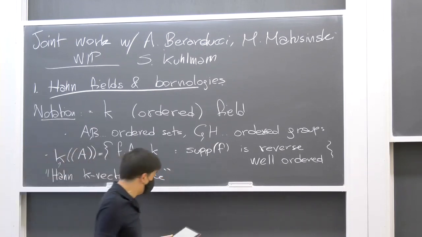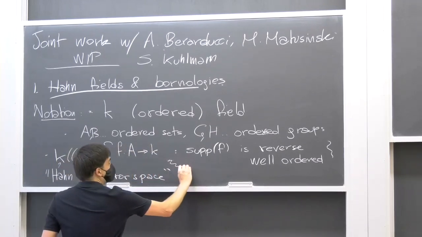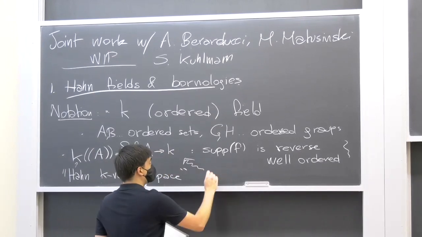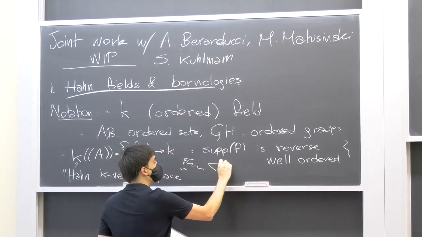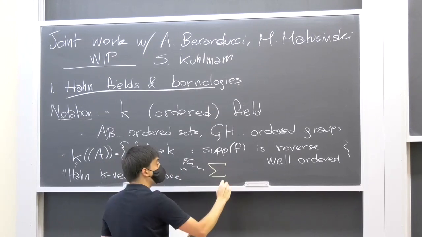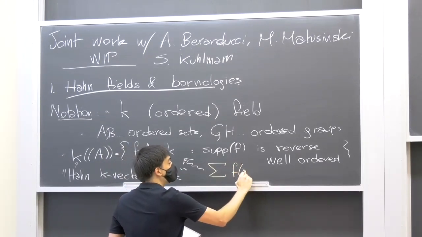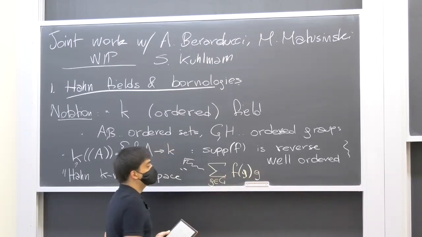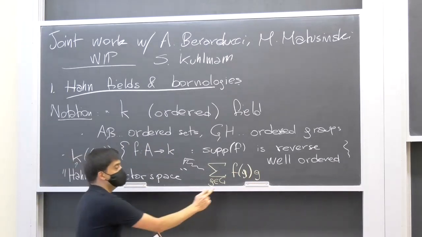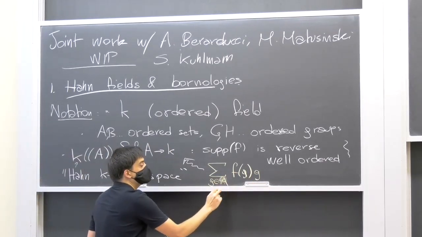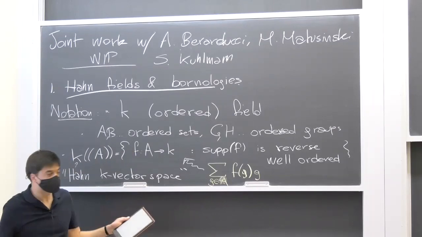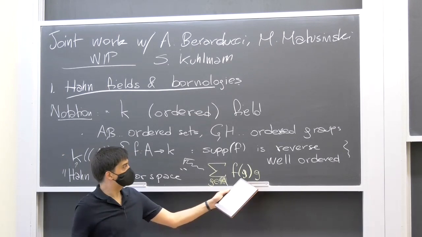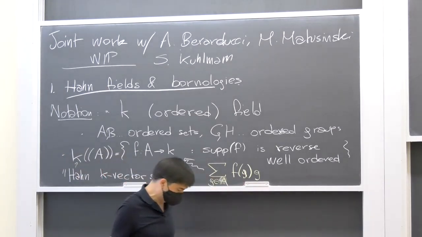The notation for this function f is going to be the one you might be familiar with: the sum over the elements g in A, the monomials of f, of the coefficient f of g, which is the value of the function, times g.